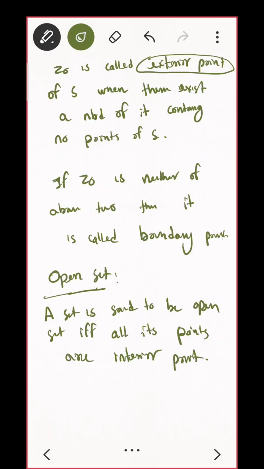And when do we say a set is closed set? Come on, say it, when do we say a set is closed set? When it is not open. Simple matter. A set is said to be closed set when it is not open. Or is there any other definition?